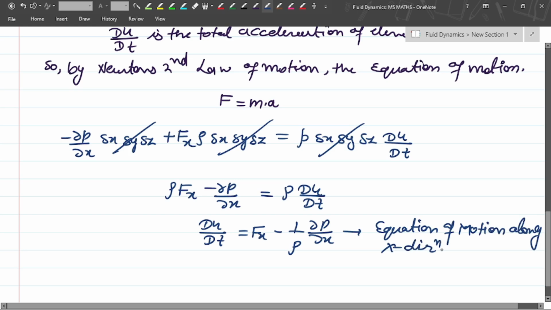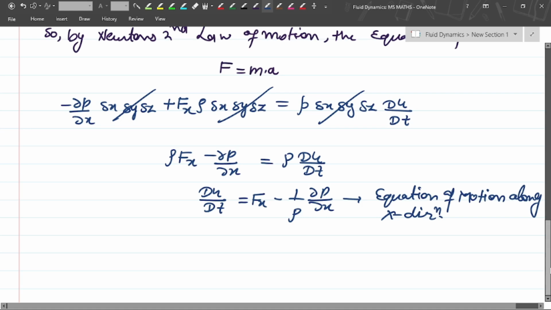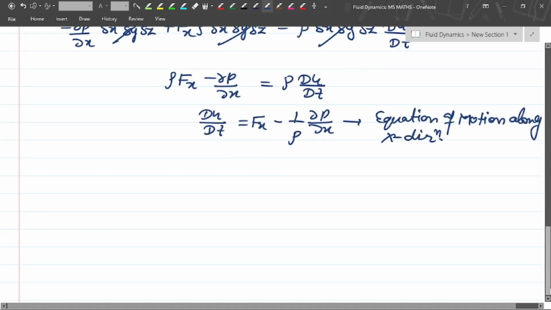We can generalize it as d by dt equals dou by dou t plus q into the gradient, where q is the velocity with components in the direction of x, y and z.